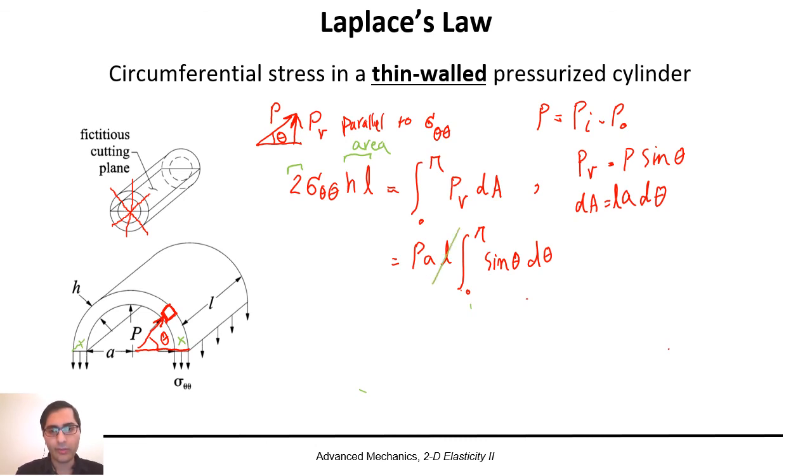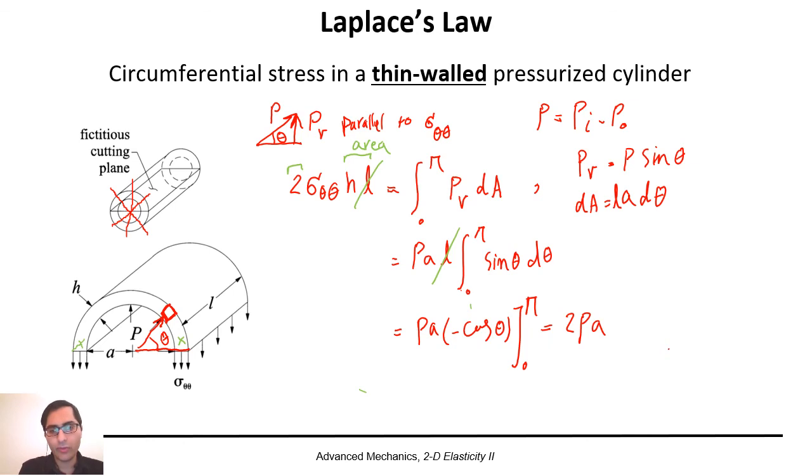Okay, we can just cancel L, and the integral becomes P A times minus cosine of theta over the range of 0 to pi, and it is simply 2PA.